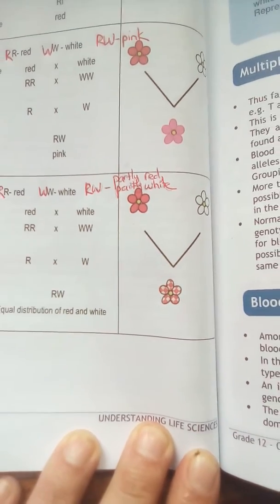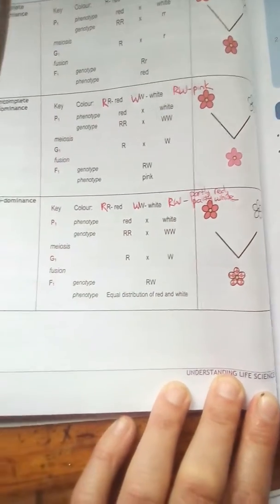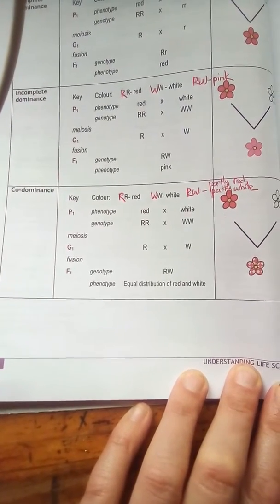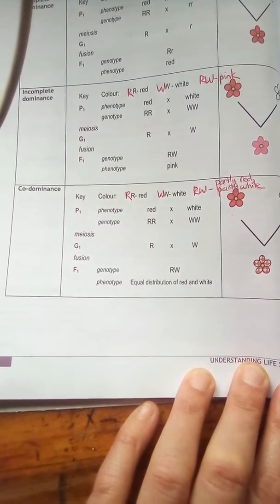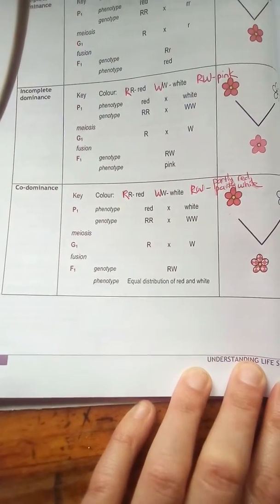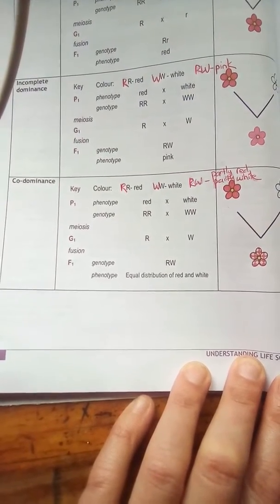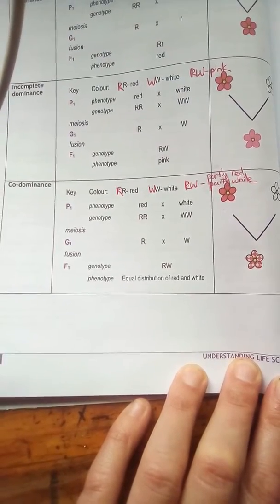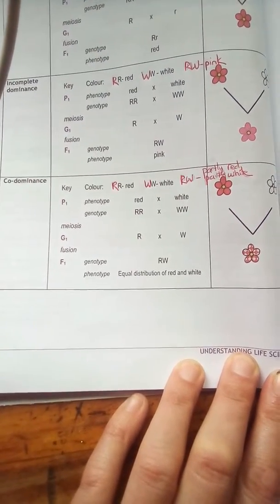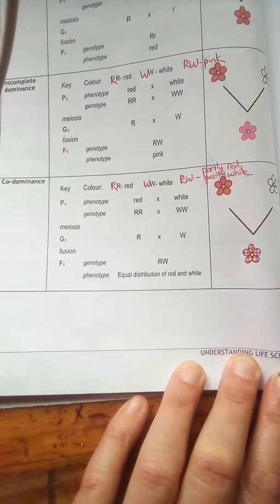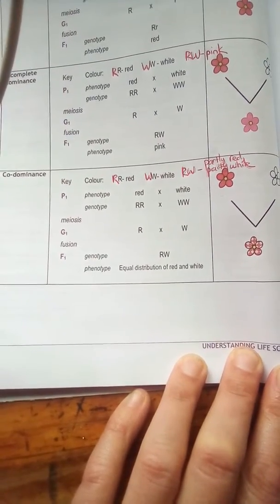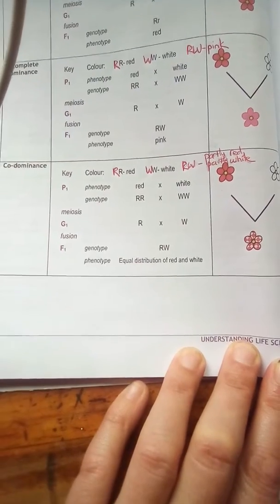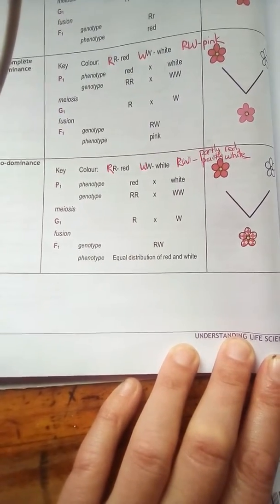Okay, this is the only real difference between these two genetic crosses. Your phenotype, in words, is red times white. Genotype, capital double R times capital double W. Meiosis, and then your gametes is R comma R times W comma W. Fusion, we write nothing next to.